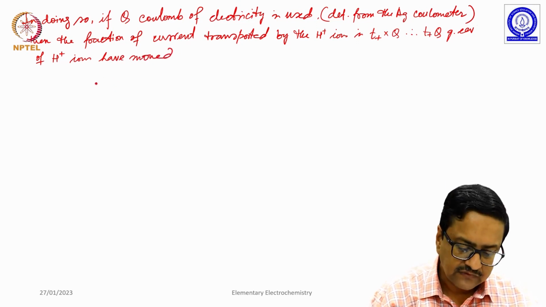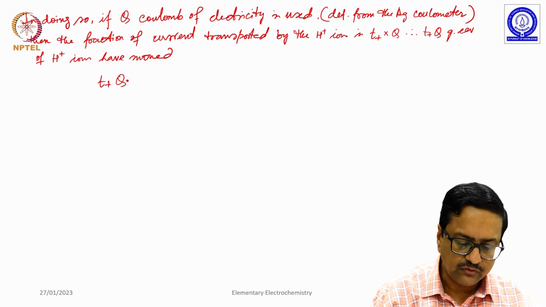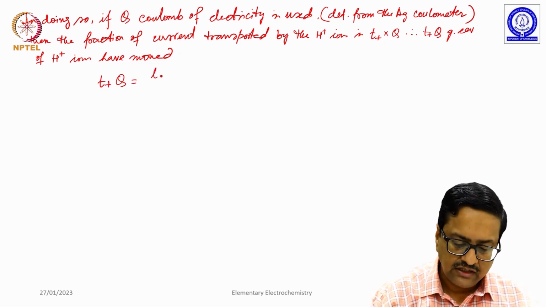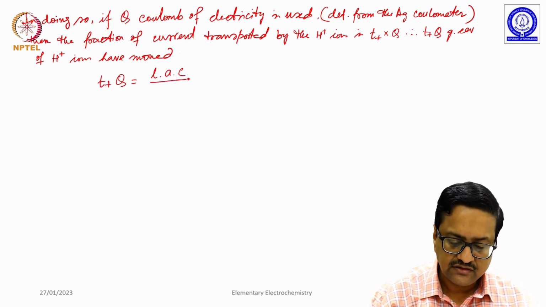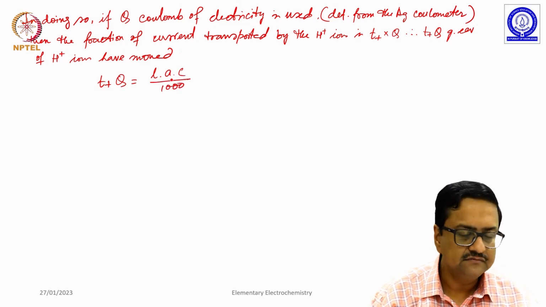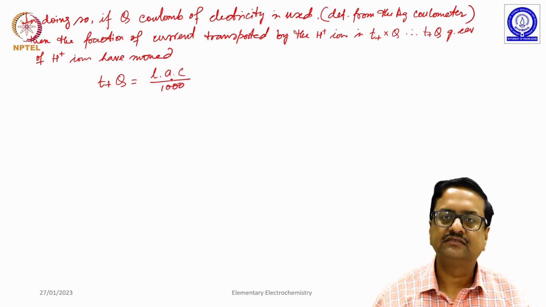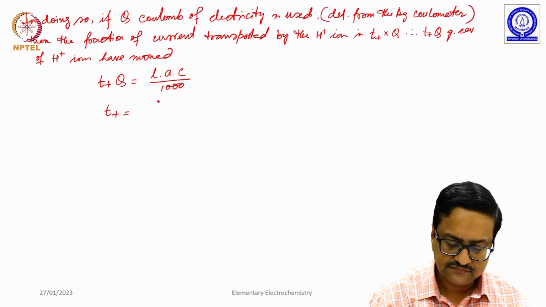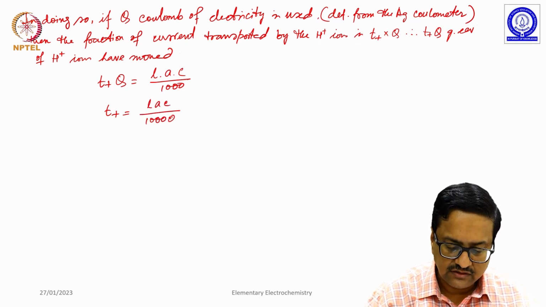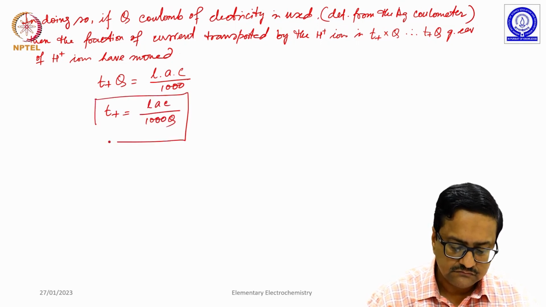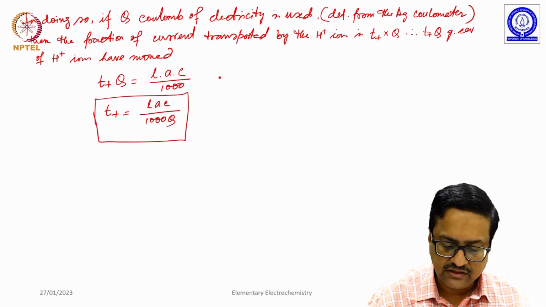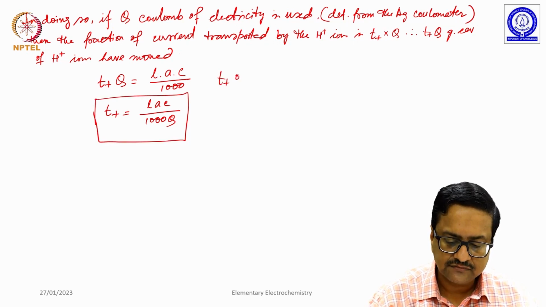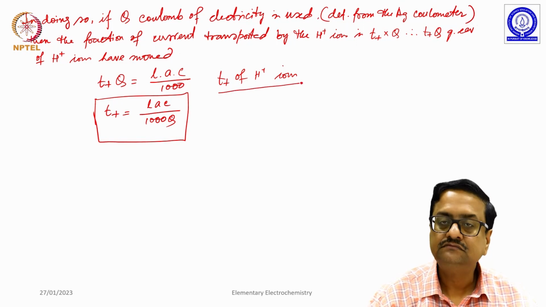That means T plus Q is equal to L into A into C by 1000, which was found in the previous slide. So, one can calculate T plus as LAC by 1000 Q. So, you can determine the transport number of H+ ions in this method.